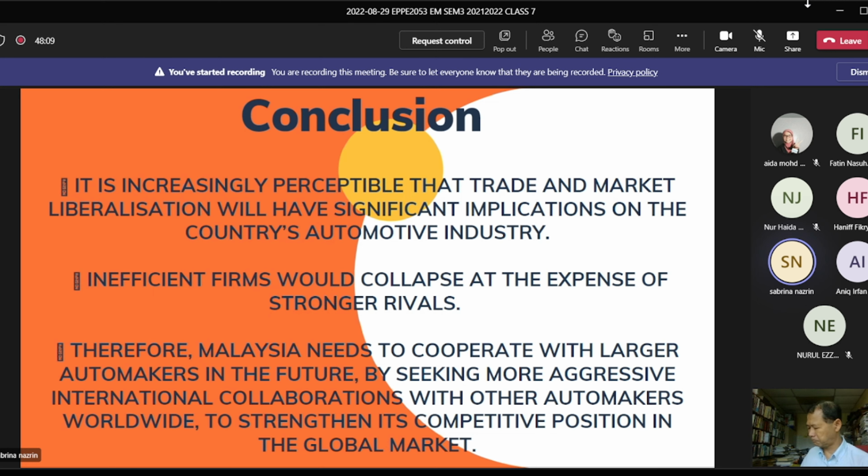In effect, firms will collapse at the expense of the stronger rivals. Therefore, the nation needs to cooperate with the larger automakers in the future by taking a more aggressive international collaboration with other automakers worldwide to strengthen its competitive position in the global market. That's all for me. Thank you.